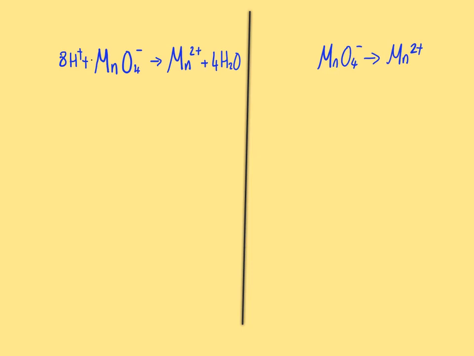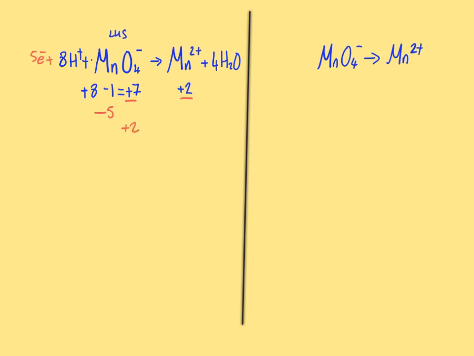Now to check the charge, we have +8 minus 1, which has an overall charge of +7 on the left hand side, and on the right hand side we have a charge of +2. We therefore need to add electrons to the most positive side so that charges balance, and therefore if we add 5 electrons, each having a negative charge on this side, the charges on both sides now equal +2.